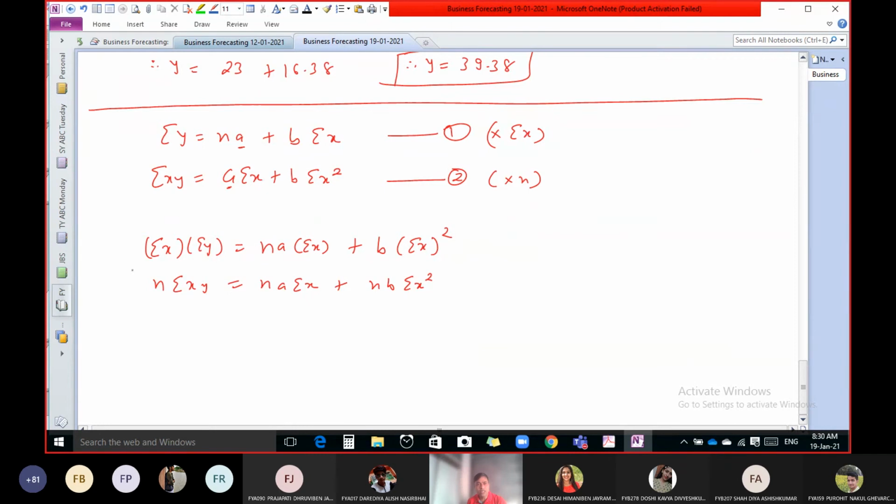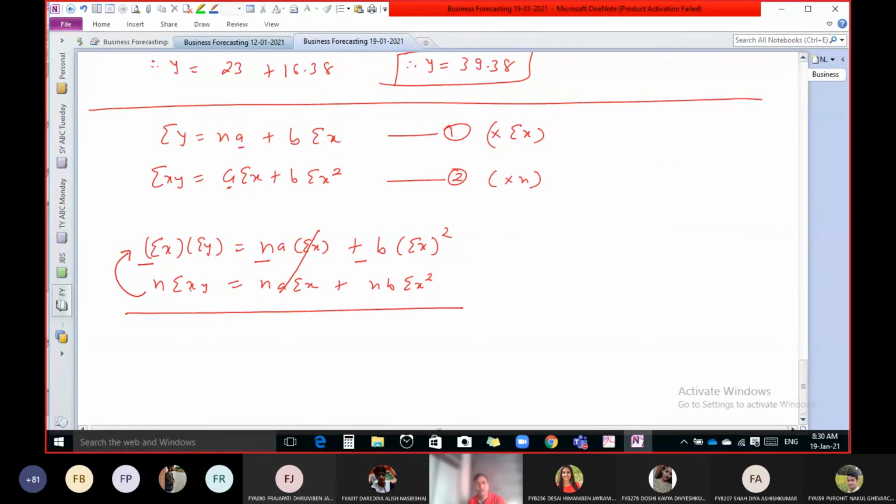Now you can change the sign of either the first equation or the second equation. So better let us change the sign of the first equation and do the subtraction like this minus this. Obviously this is n a sigma x and this is minus n a sigma x, so it will be cancelled.